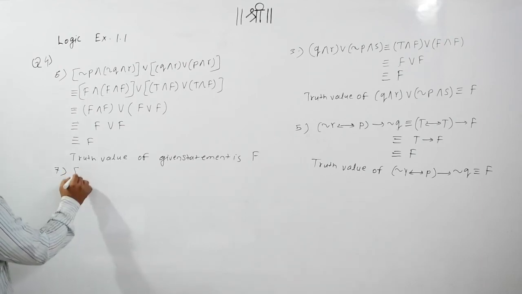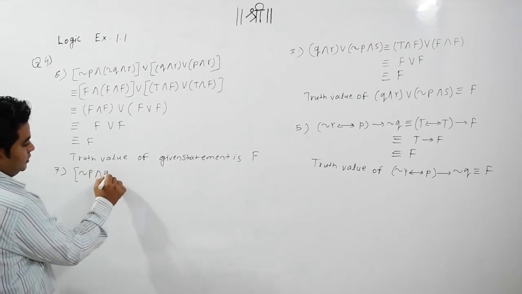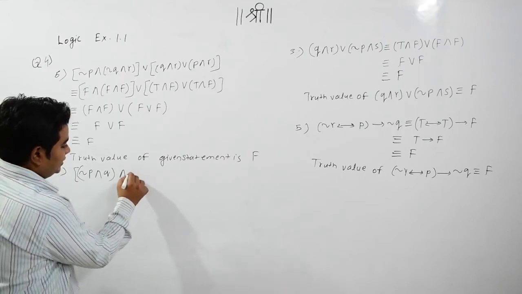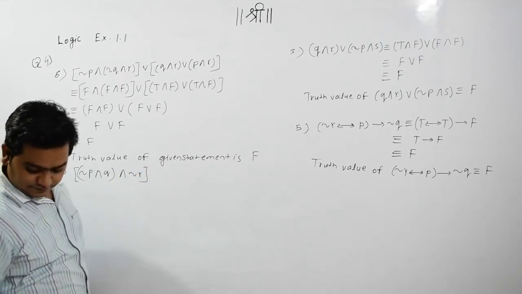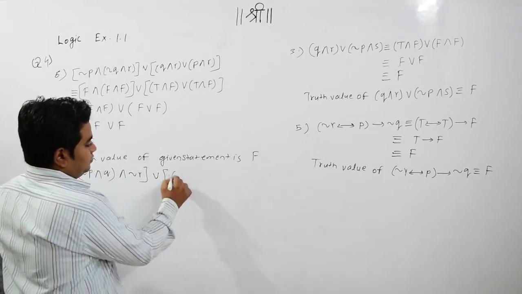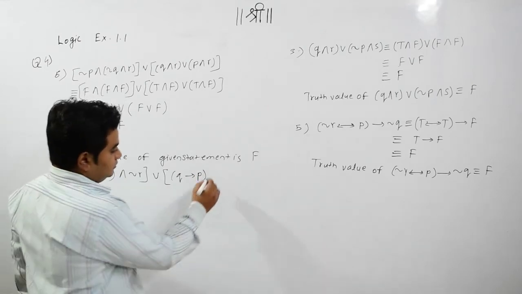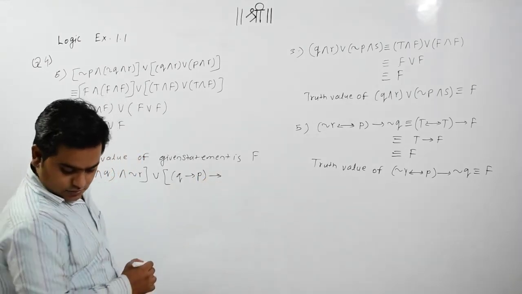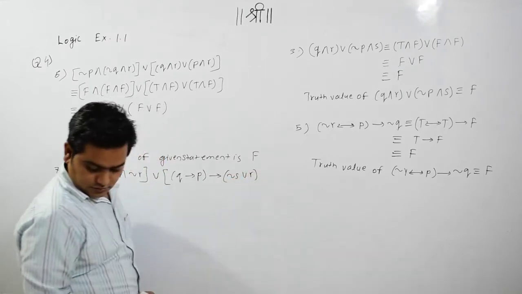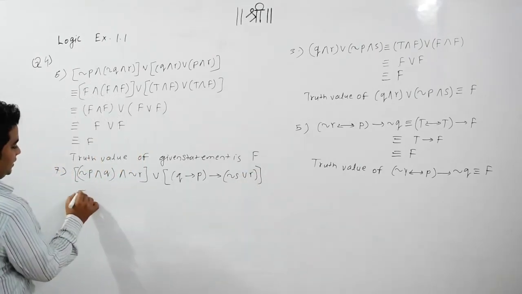So it is negation of P and Q. Again this is false. Next step, I am doing it directly. Hope you can understand. So Q implies P gives negation of S or R. Done. Now simplify it.